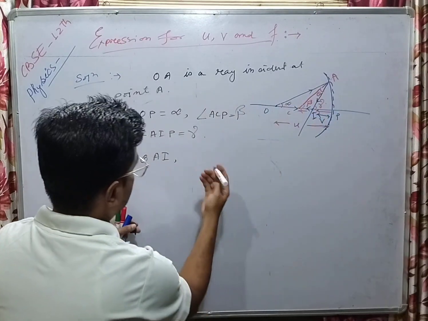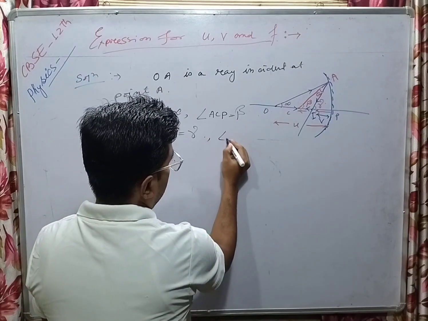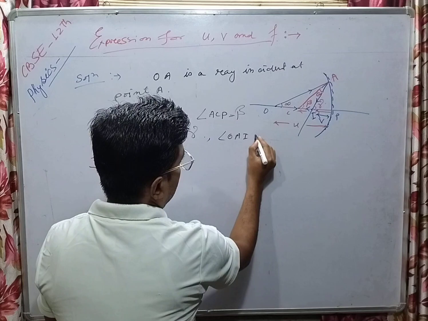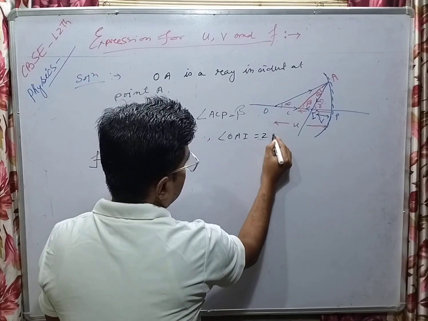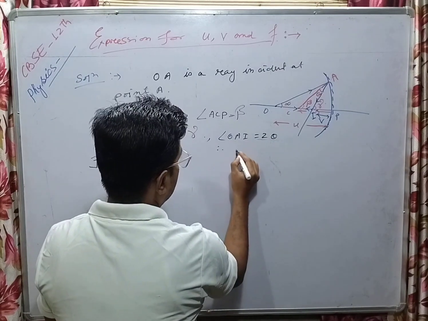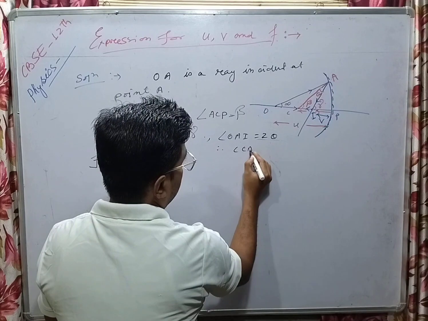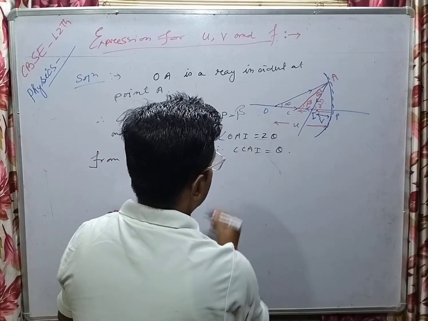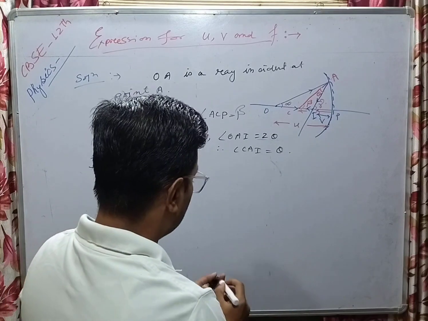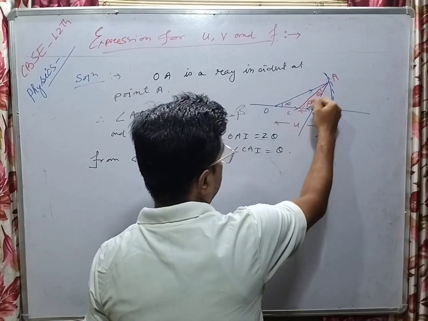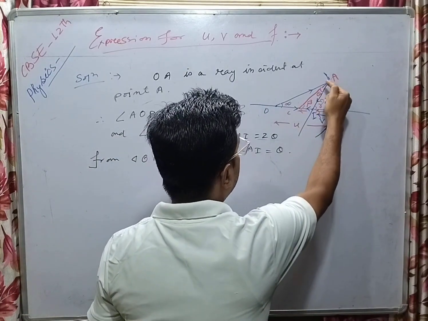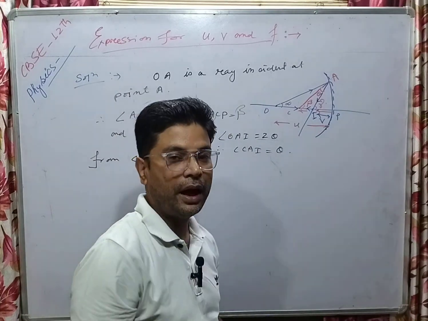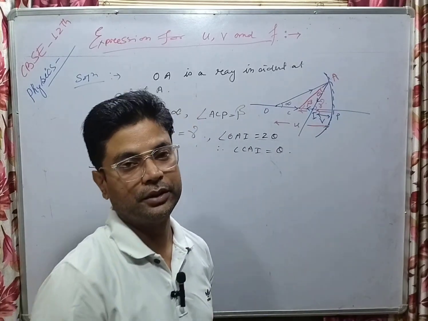Here is another thing: angle OAI is equal to twice theta. Therefore, angle CAI will be theta, because CA divides angle A. It means CA bisects angle A. It is from the laws of reflection.